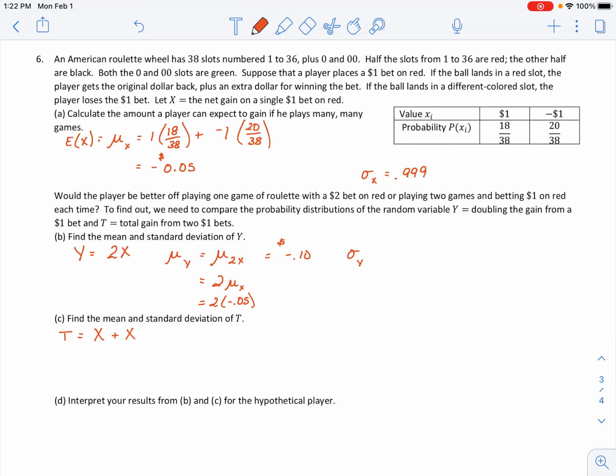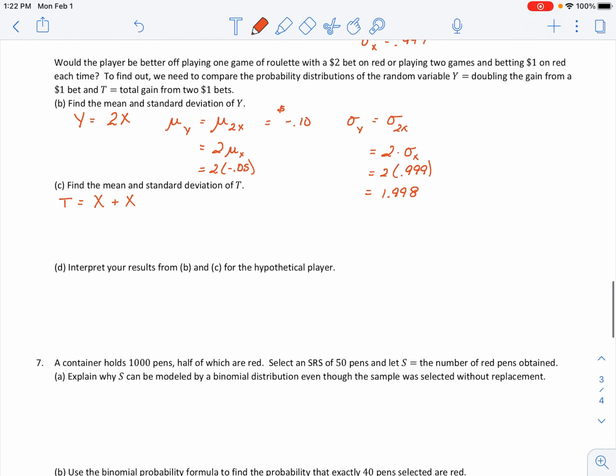Your standard deviation doesn't get added or subtracted. Our rule was you can multiply. So I'm just going to take 2 times the standard deviation of x, which is that number I just told you, 0.999. So 1.998-ish.